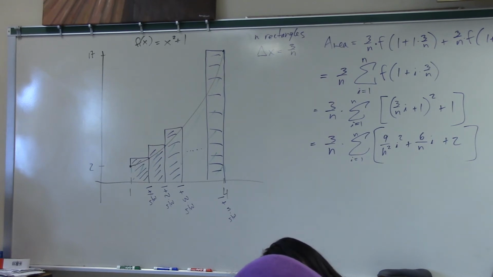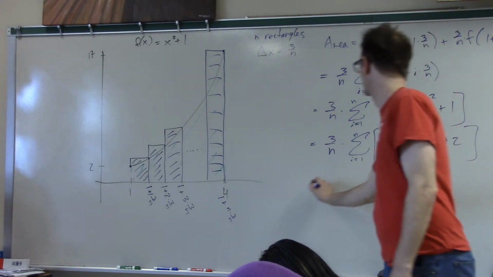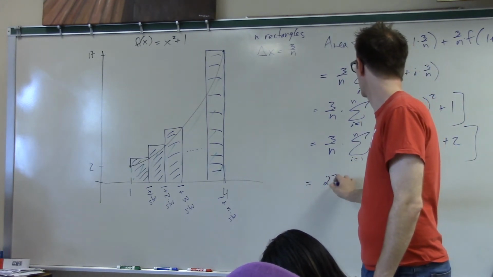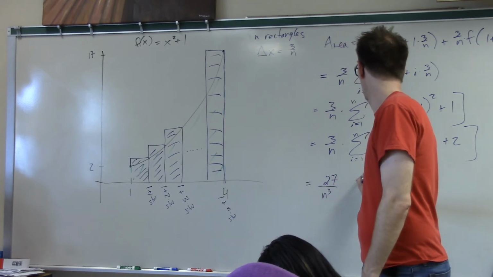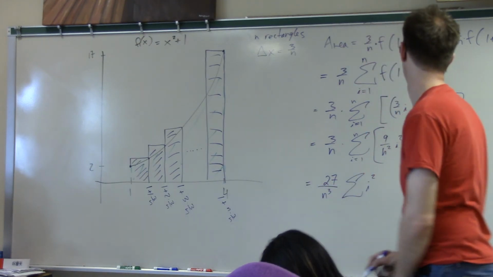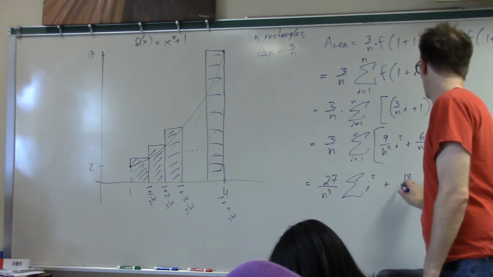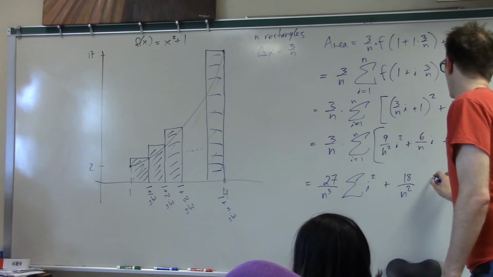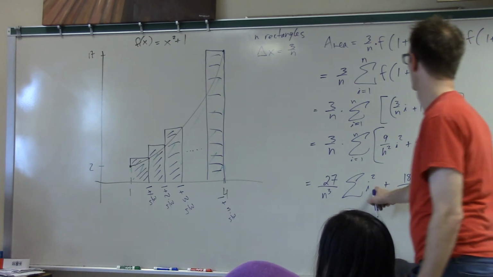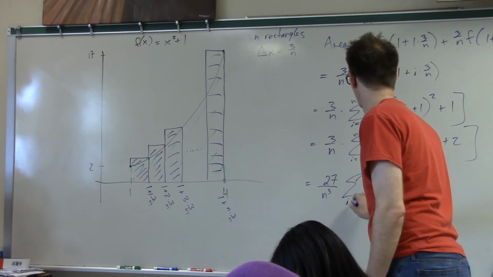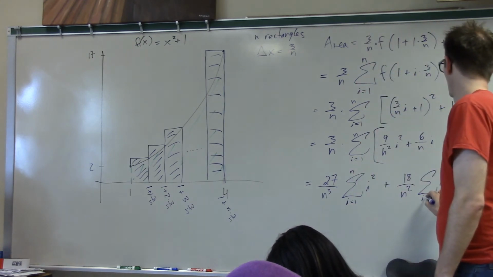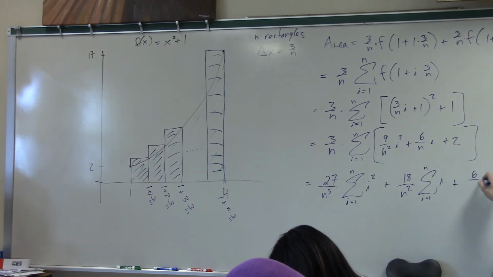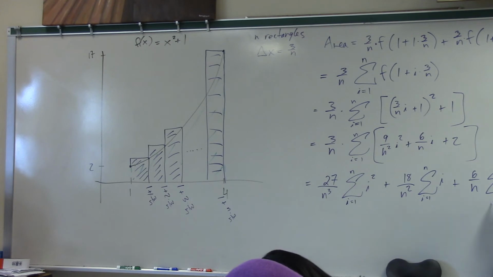Can you guys do this in one step? And then the final one would be 6 over n times the sum of 1.